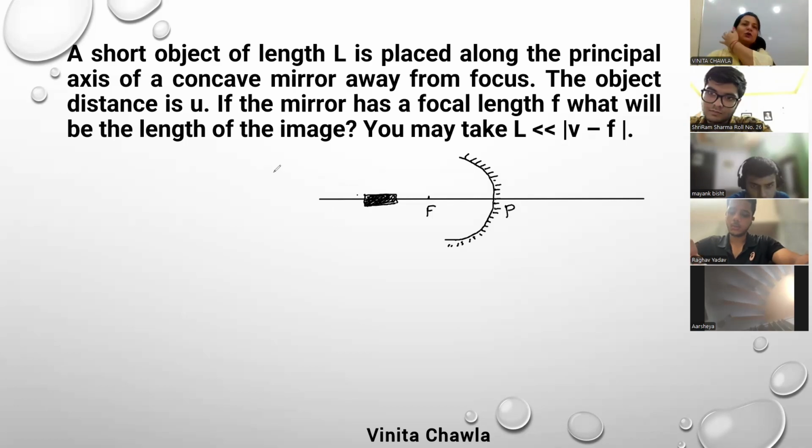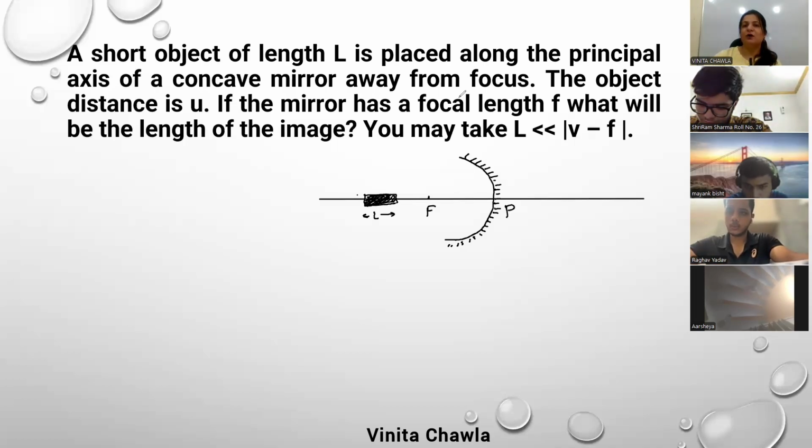Look, we have a short object of length L. So L is the length of the object. It is placed along the principal axis of a concave mirror, away from the focus. The object distance is u, which we can take from the center of the object.